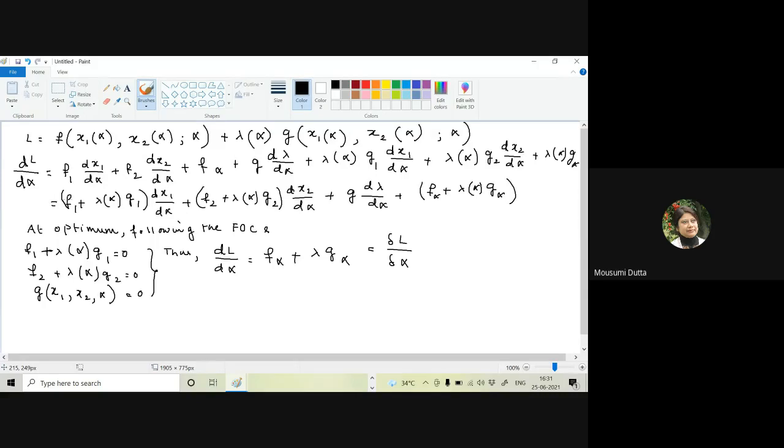So once you get these terms, take dx1 by d alpha and dx2 by d alpha common, and check whether you are getting the third line or not. Please let me know once you get the third line. If there is any mistake or any problem regarding understanding the matter, please let me know.